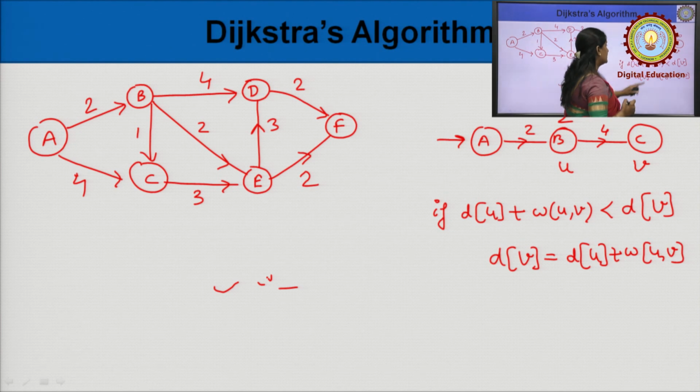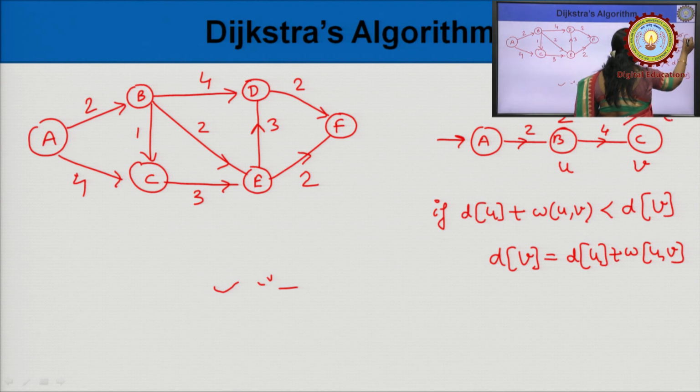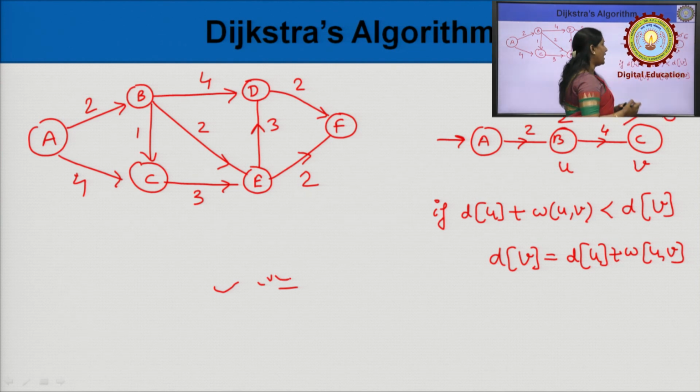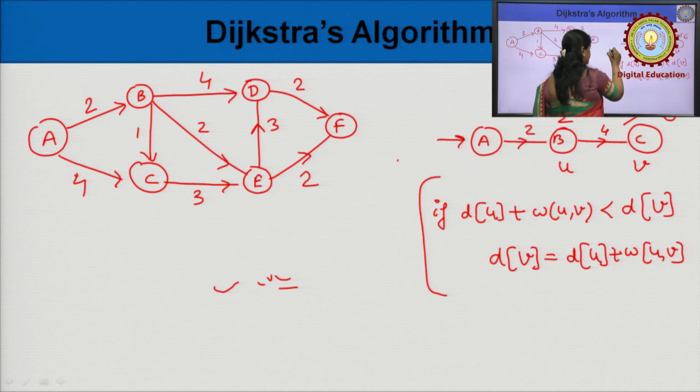That means the distance of U is 2 and the weight of UV is 4, 2 plus 4 is 6, and 6 is less than infinity, so it is replaced by 6. So there is then a path from vertex A to C, through vertex B, 2 plus 4 is 6. In that case we replace the distance of V by 6. This is known as relaxation.